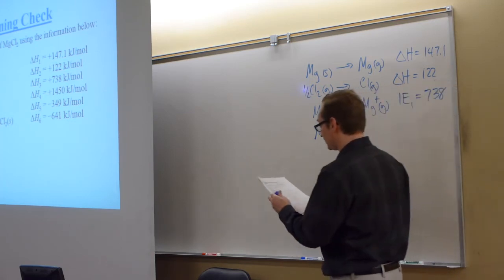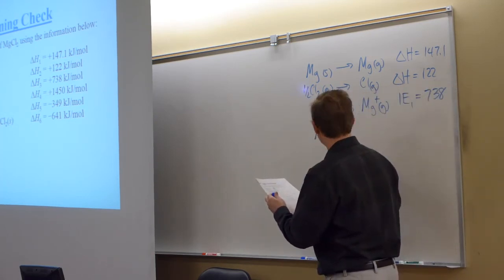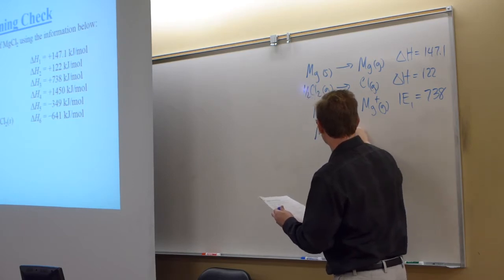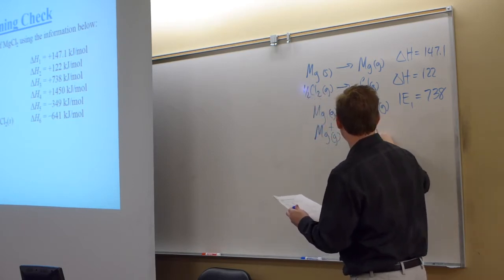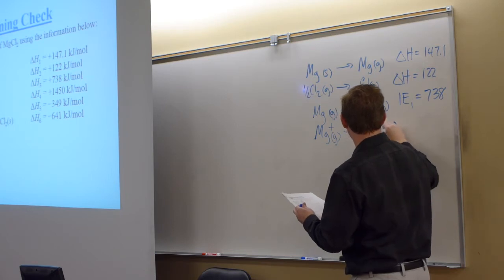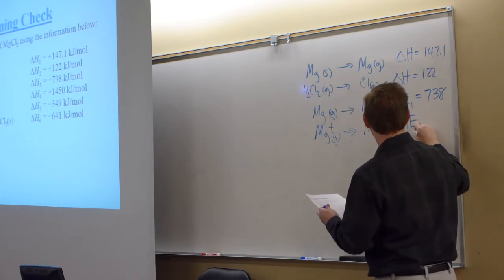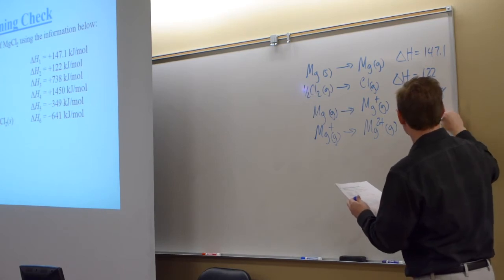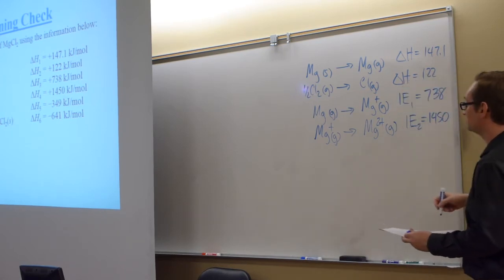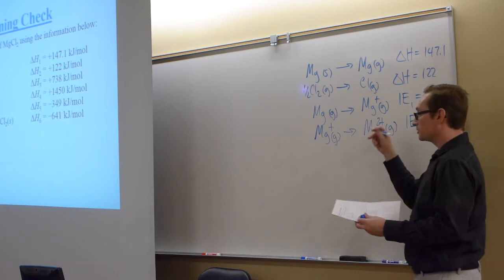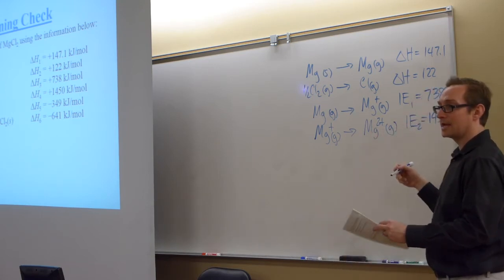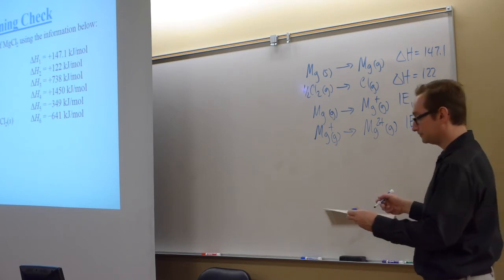You can always go back to that if you want, but that's where it's from. Here's the second ionization energy. Not surprising, it's about double the first. When I wrote the reactants out last week, I included the free electron, but we don't have to write the free electron.